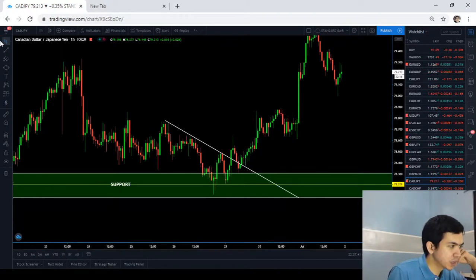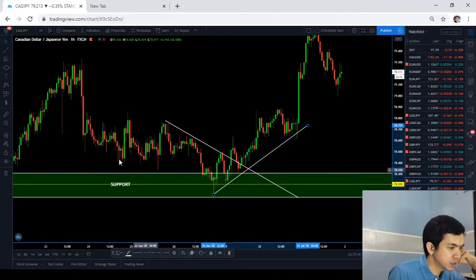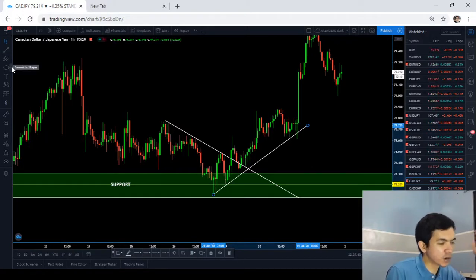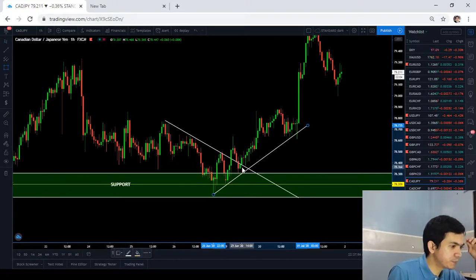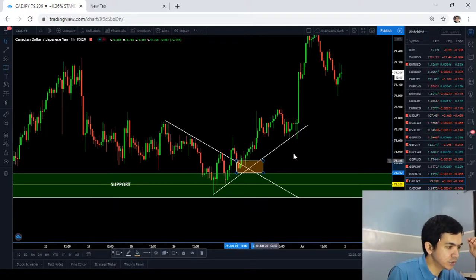So, again, I see another area. Okay? So, the high probability trade setup or our HPT zone will be here. Bakit daw? You have this support trend line, counter trend and break.